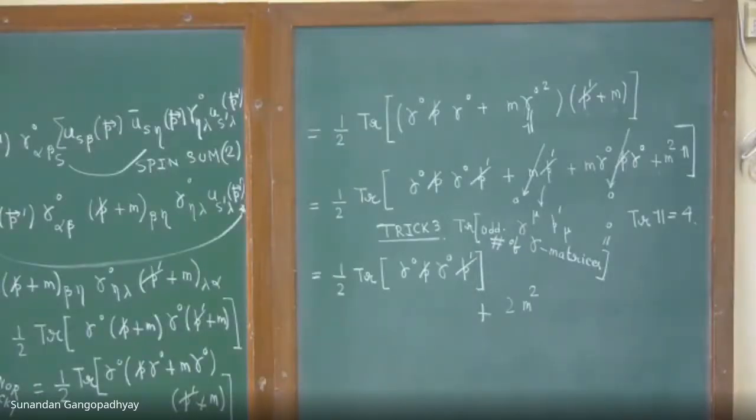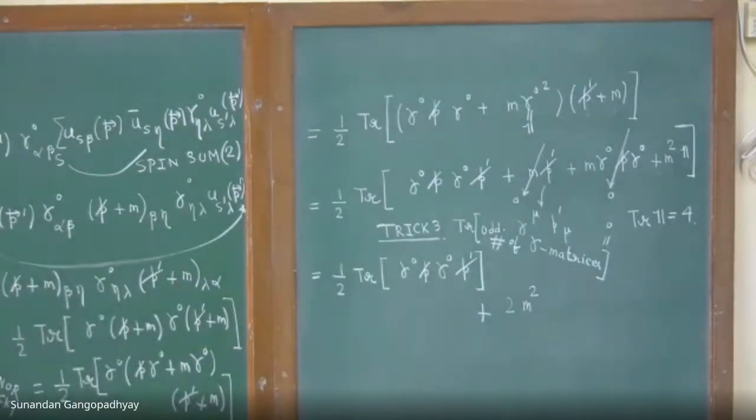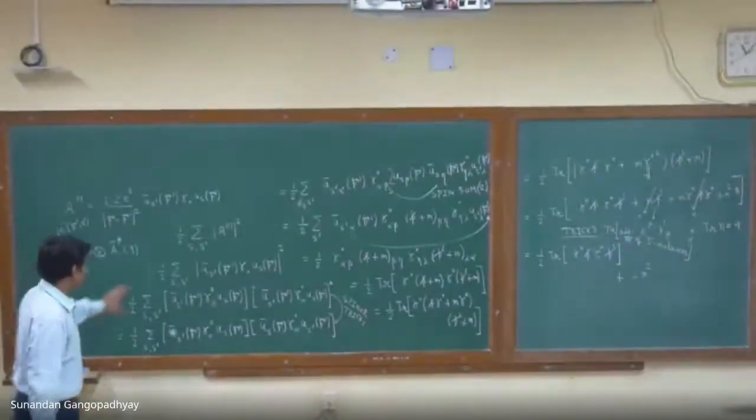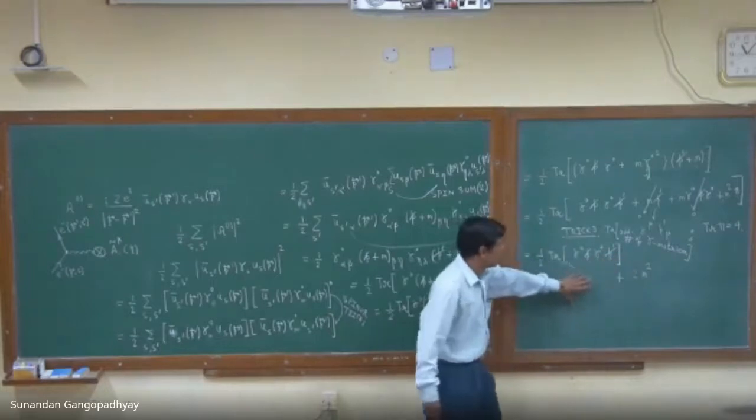So what we have now found is that we have obtained this quantity. So let me show you the full board now. So we have obtained this quantity to be equal to half trace of this object plus twice n square.